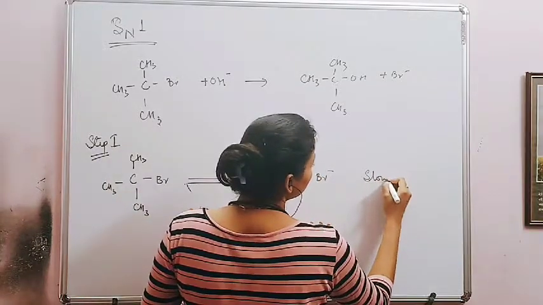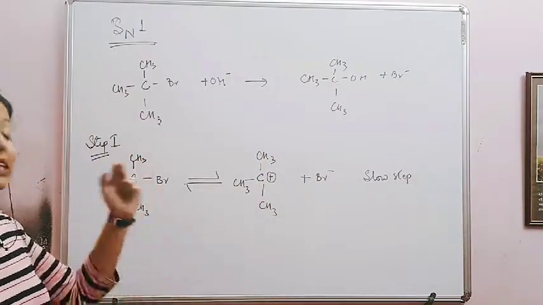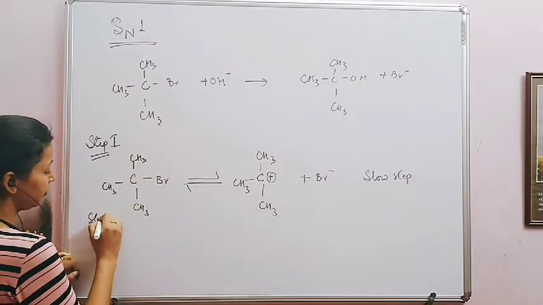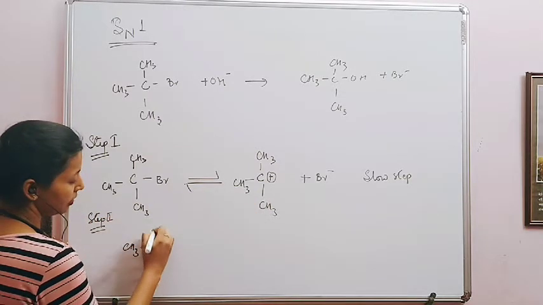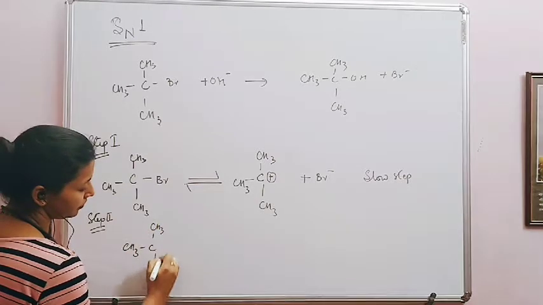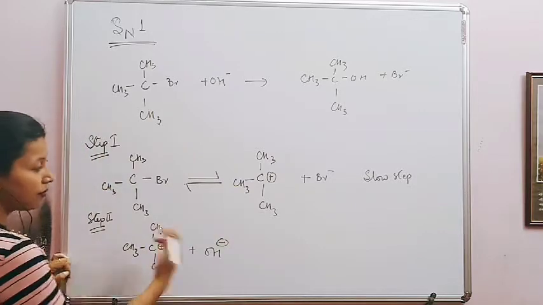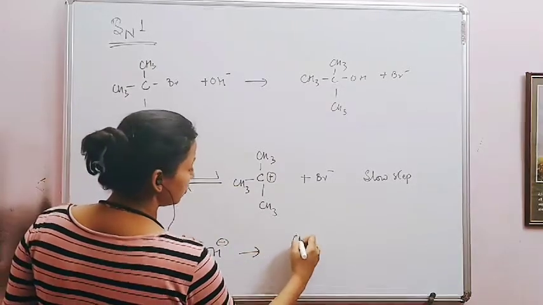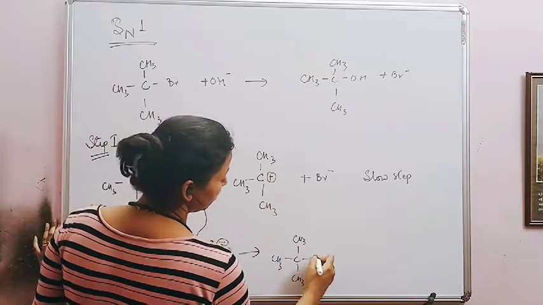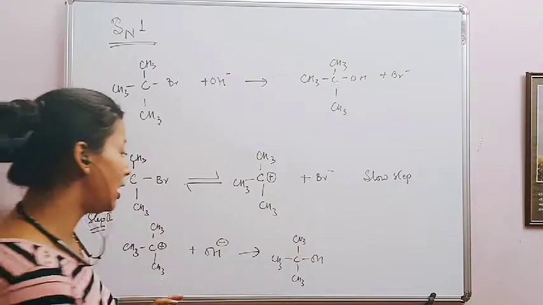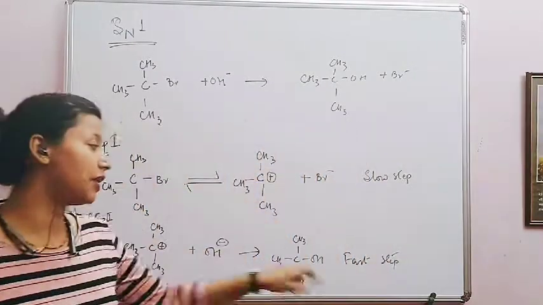This is the slow step. In the second step, this carbocation is attacked by the nucleophile. So we get (CH3)3COH, that is tertiary butyl alcohol, and this is the fast step.